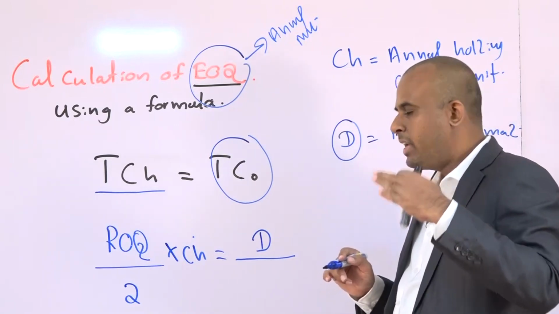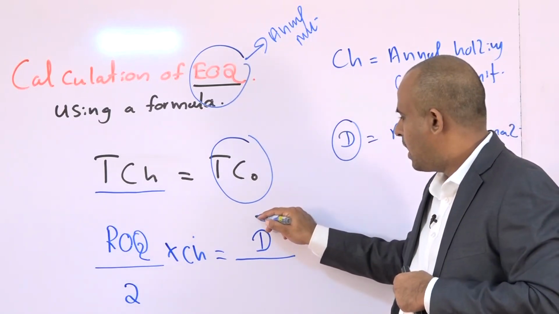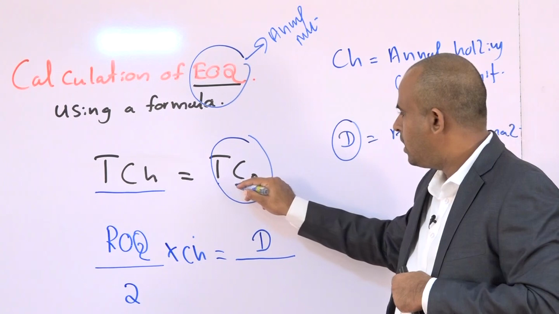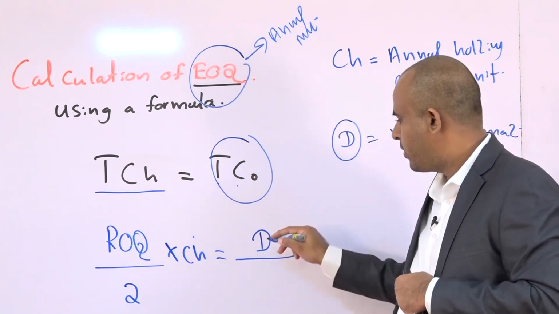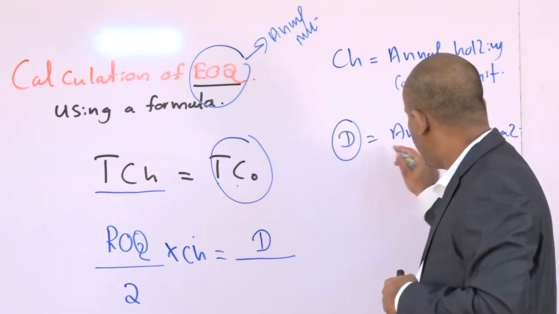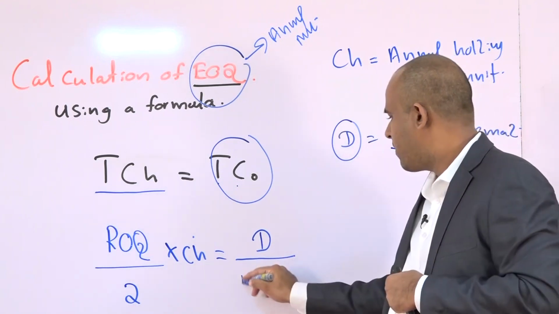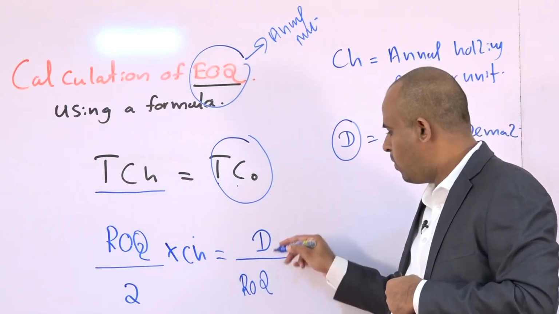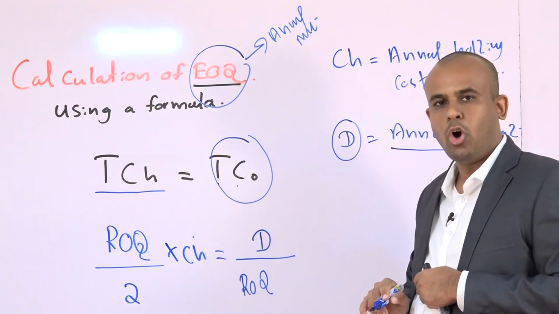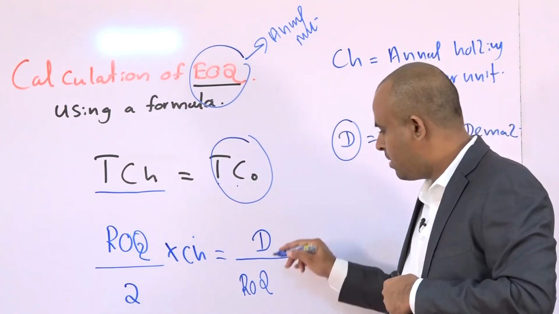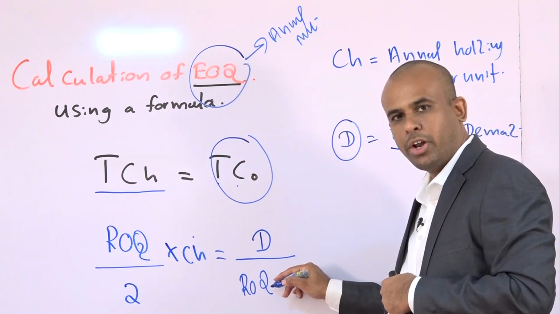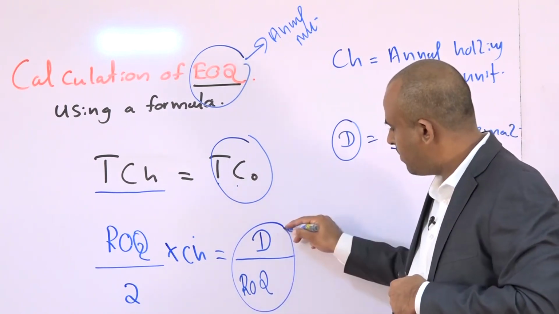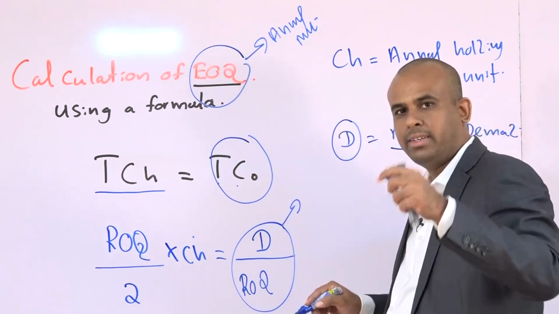Okay. Then what I need to say here, when you are calculating the total cost of ordering, you take the annual demand and divide by the reorder quantity, right? Can someone tell me what answer you get?